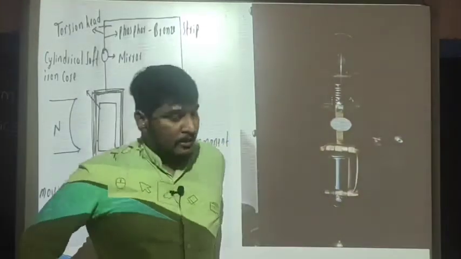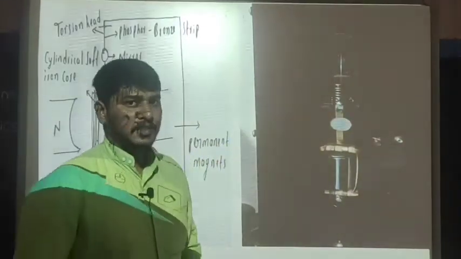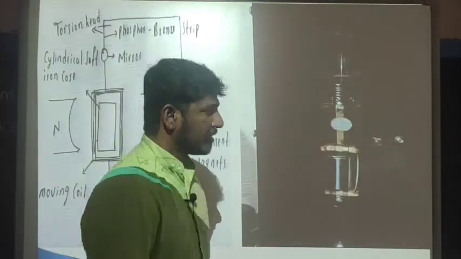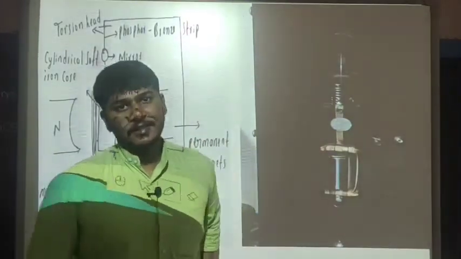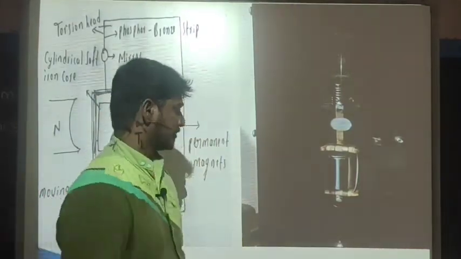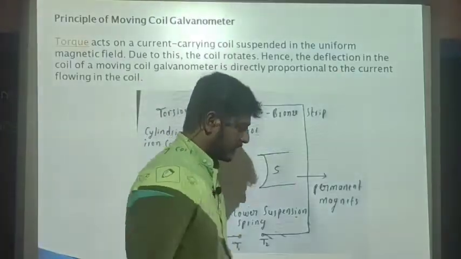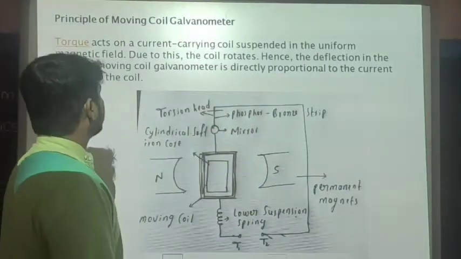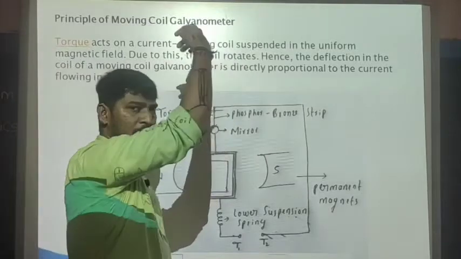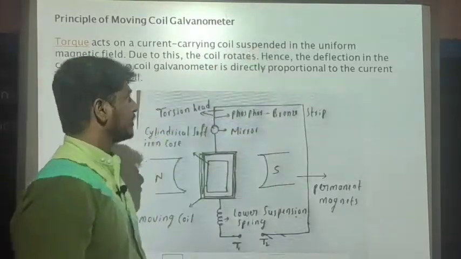Okay, this is all about the construction of the ballistic galvanometer. Now let us study the principle of the ballistic galvanometer. Here you can see the principle of the moving coil galvanometer or ballistic galvanometer.